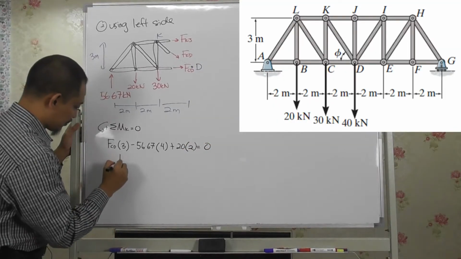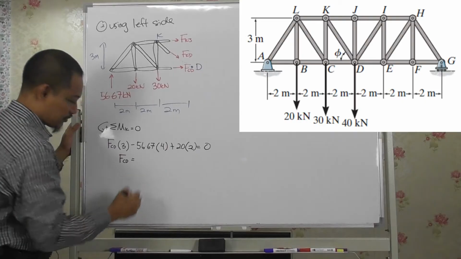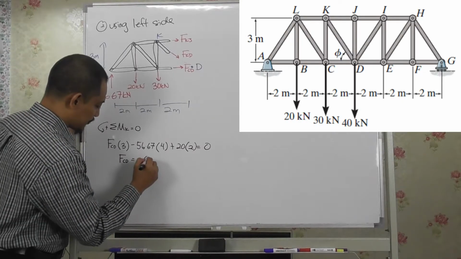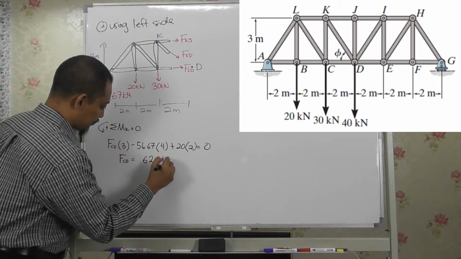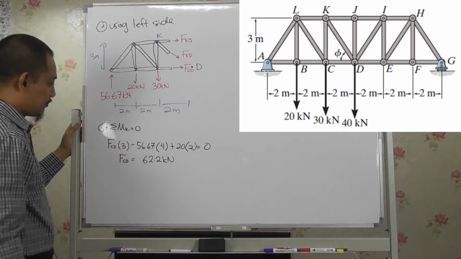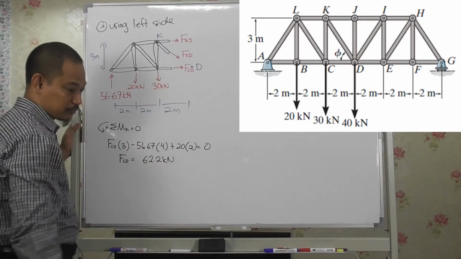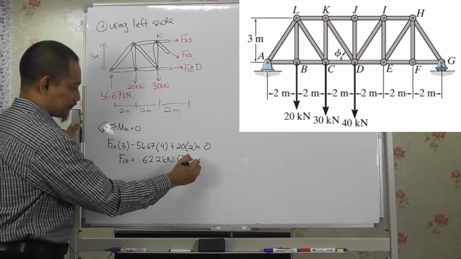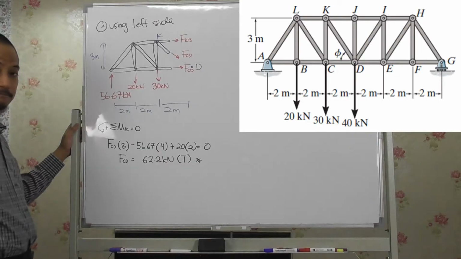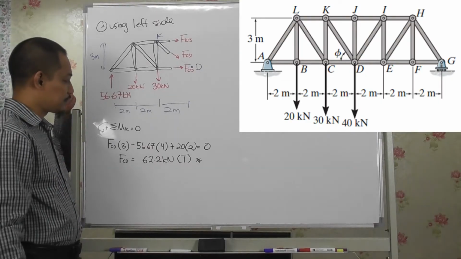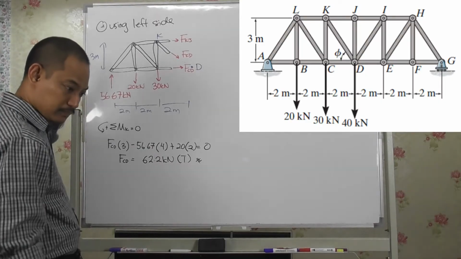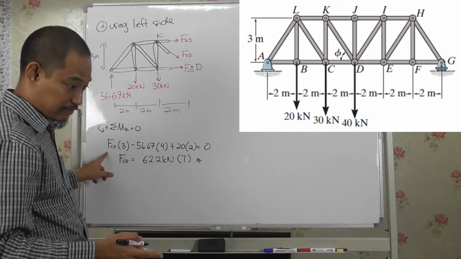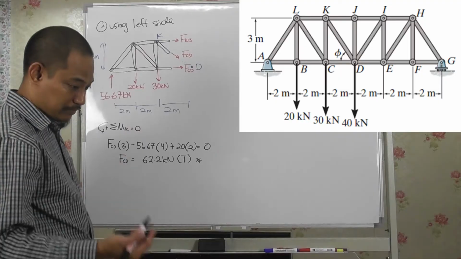So if you solve for FCD here, you should get 62.2 kilonewton. Because it is positive and we assume tension, it is tension, right? Just checking, this times 3, minus 56 times 4, plus 20 times 4.